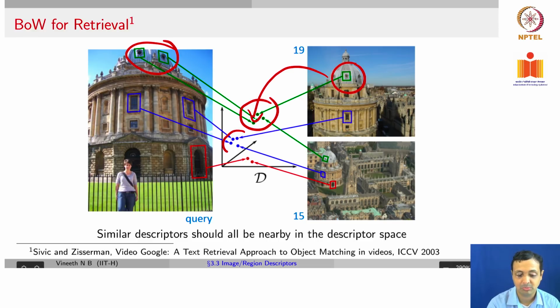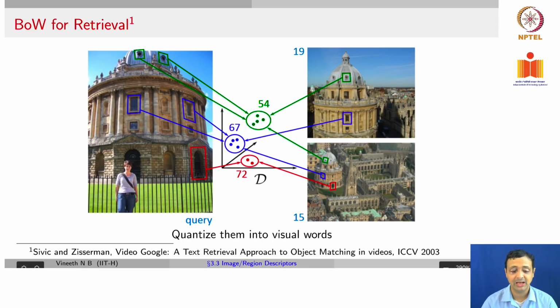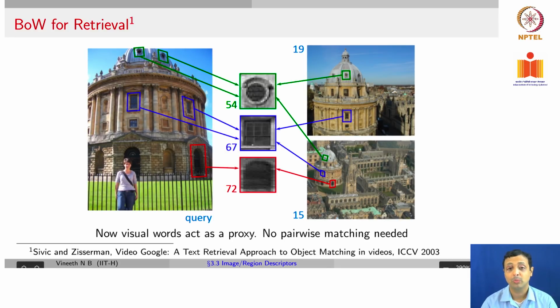Similarly, the regions marked with blue and the regions marked with red are similar and they would probably match in the representation space. How do we use this? This is just to say how these representations match again. So what we would do now is to come up with a common representation for all similar descriptors.